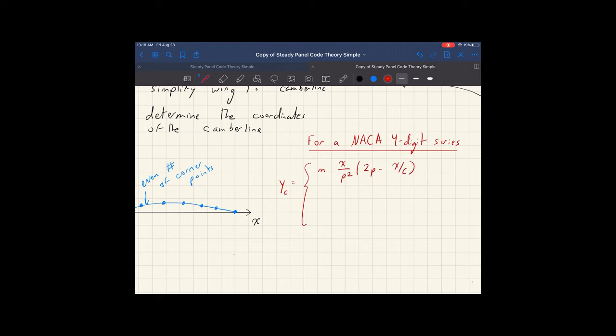Now we'll go over all these parameters in a bit, so do not fret. The equation for a camber line for any NACA 4-digit series is essentially a piecewise function.